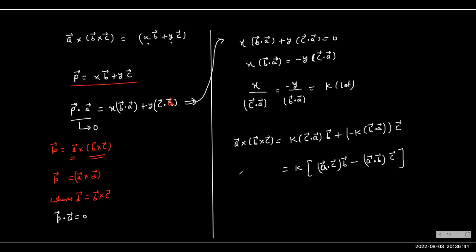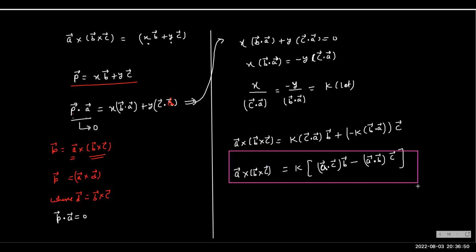This is the answer. But what is left here is that K is an extra value which we need to determine. So now there is one more step to get the K value.